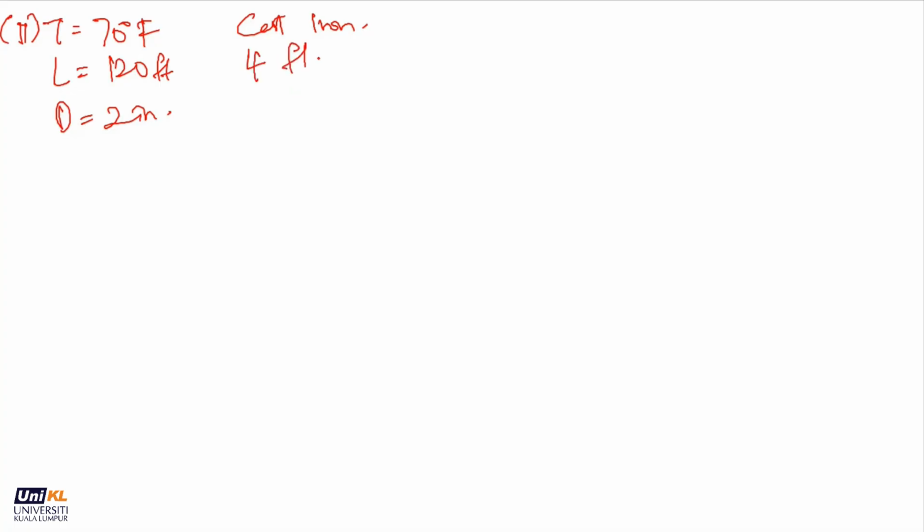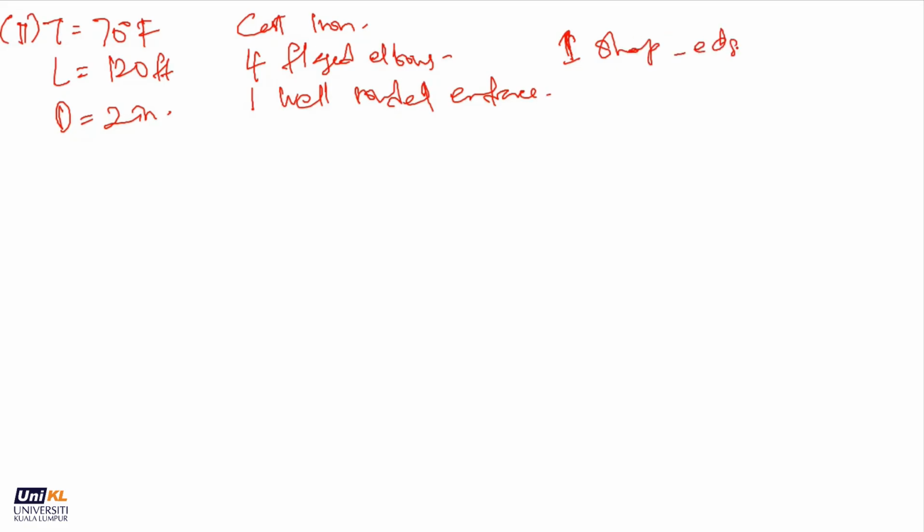Water at 70 flows by gravity from a large reservoir at high elevation to a smaller one through a 2-inch diameter cast iron piping system, be careful, that includes 4 flanged elbows, one well-rounded entrance, one sharp exit, and a fully open gate valve.